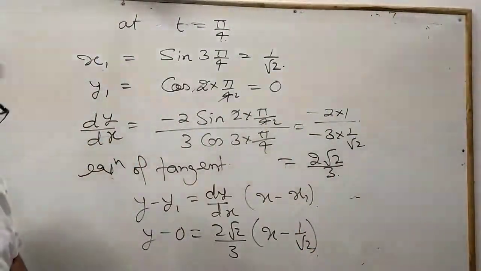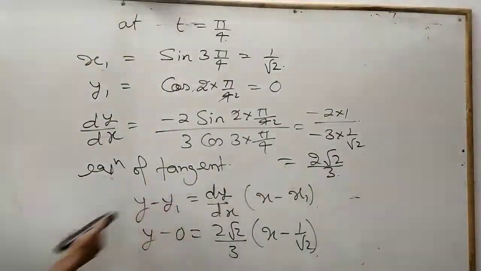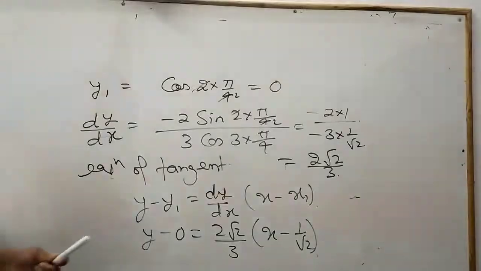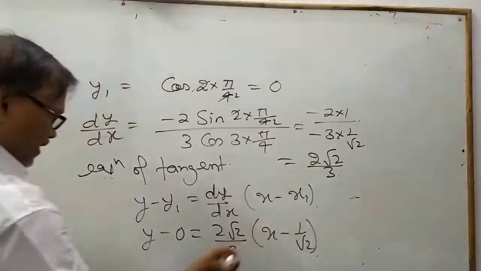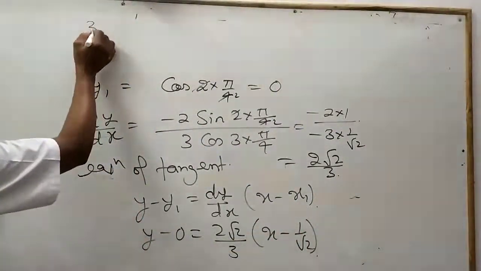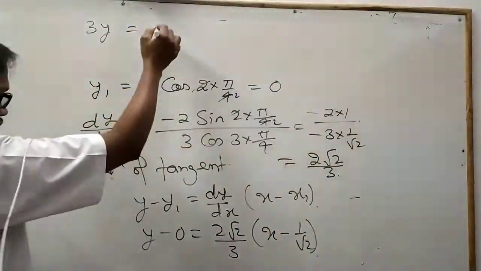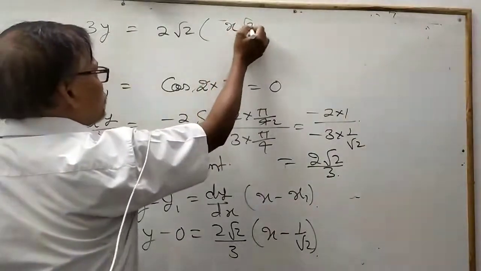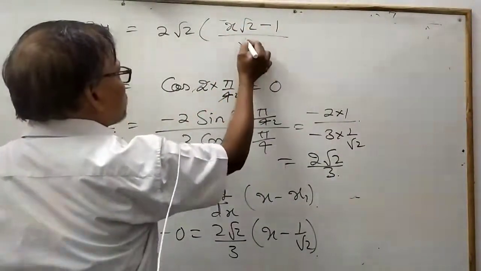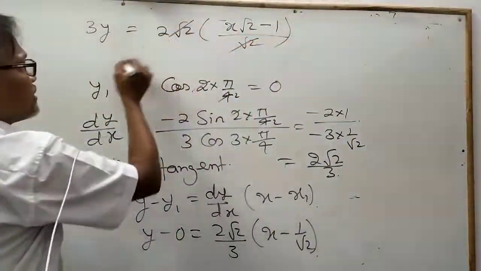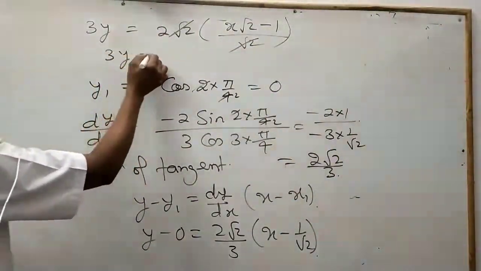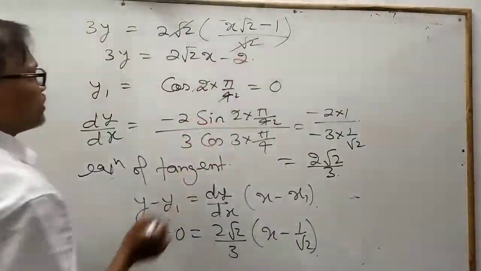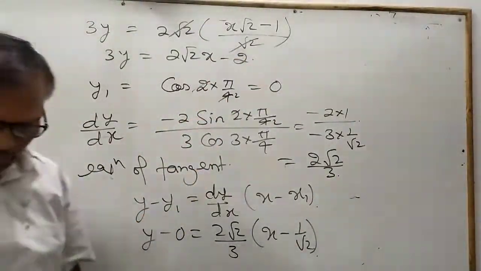And simplify, you can take LCM inside the bracket. 3 multiply here, 3y is equal to 2 root 2 and x root 2 minus 1 upon root 2. Root 2 cancel. So 3y is equal to 2 root 2 x minus 2. This is the equation of tangent.